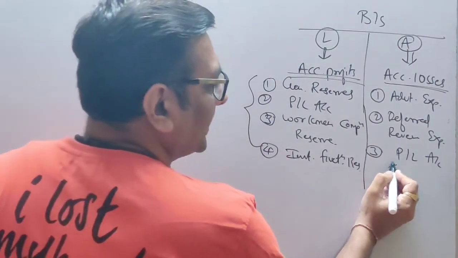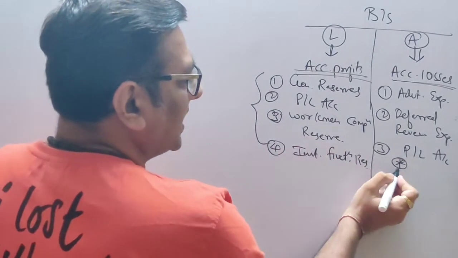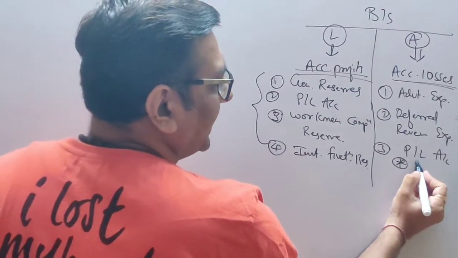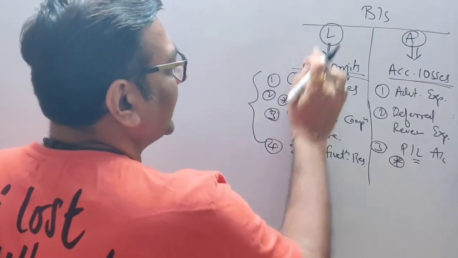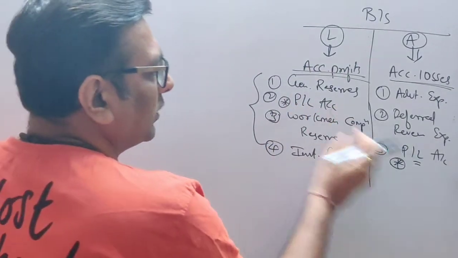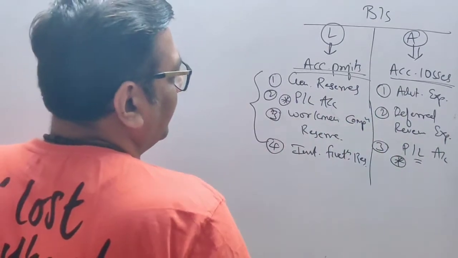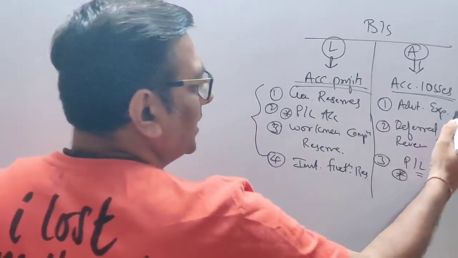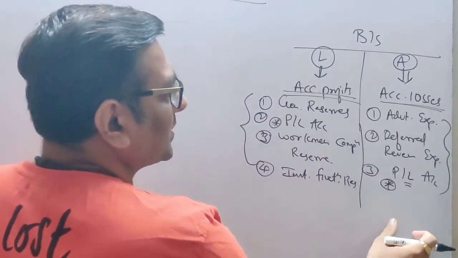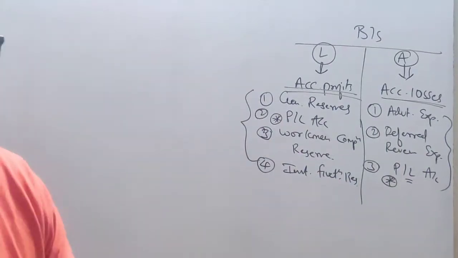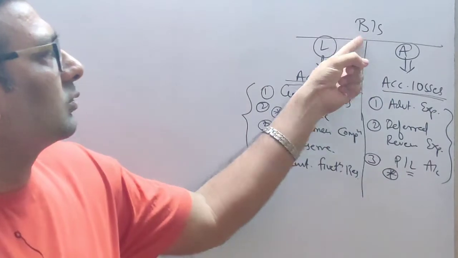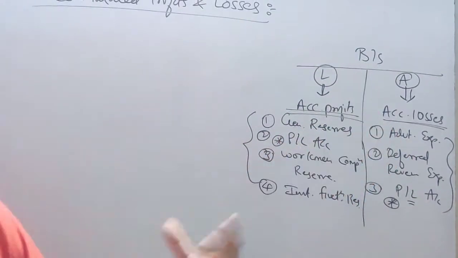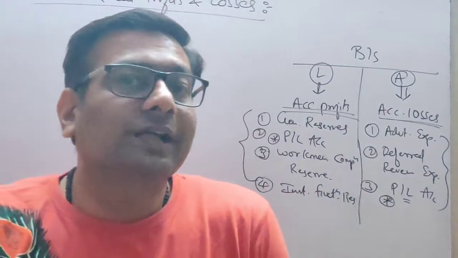So be careful with this profit and loss account, because if it is on the asset side it is loss, and if it is on the liability side it is a profit. So P&L account might be on any of the sides. So hope you understood the examples of losses and profits. So in any sum, if you see these profits or these losses in the balance sheet in the question, you need to understand how to record this.